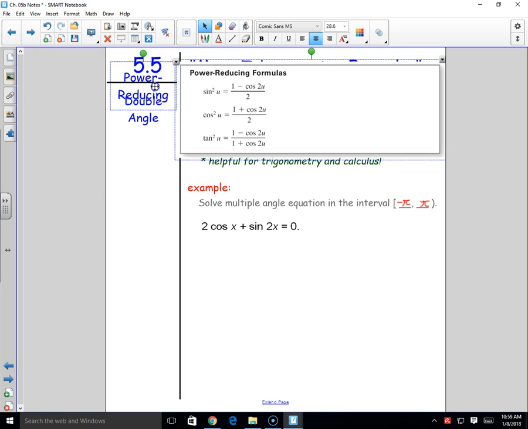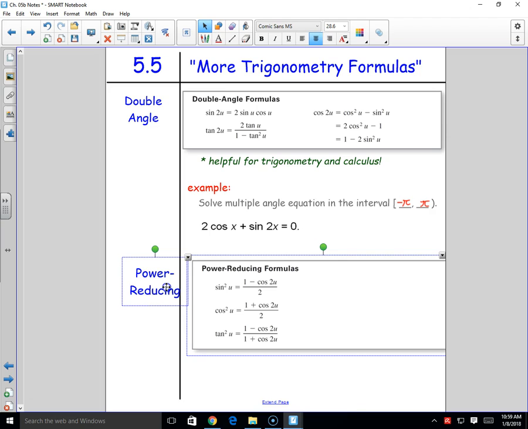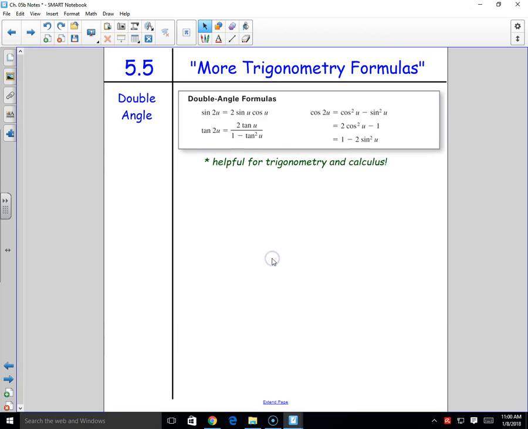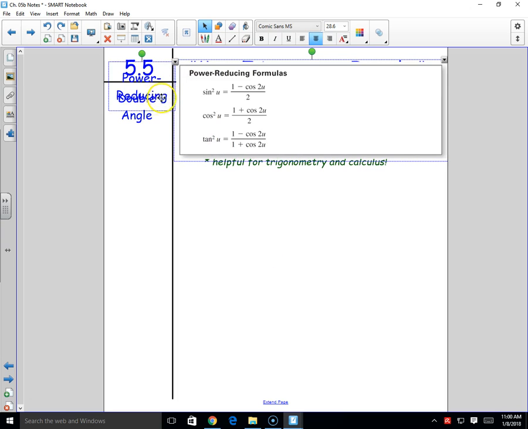Then we'll start playing with formulas with examples today, and we'll keep playing with more examples tomorrow.